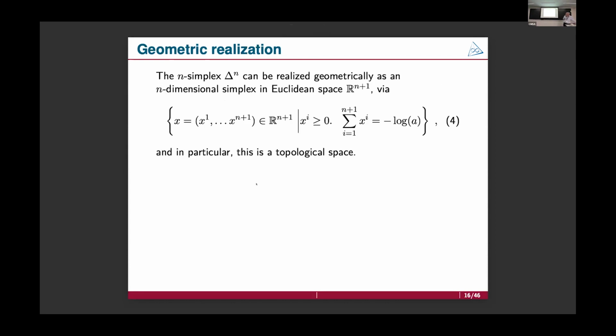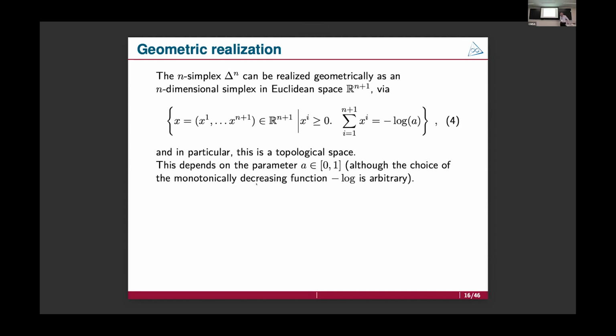So now we want to represent these simplices, but the important point is that we now also have some dependence on A here. This is otherwise a standard geometric representation of a simplex. And so this depends on this parameter here. And we just need some monotonically decreasing function here.